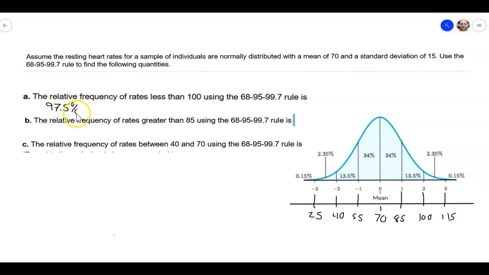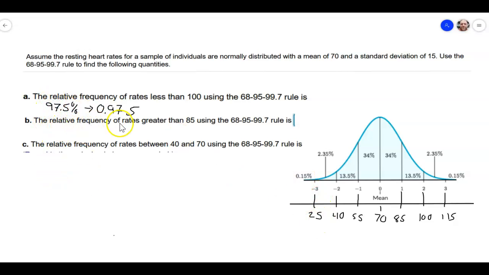But once again, they asked for it as a relative frequency, so I'll convert that to a decimal by moving the decimal place to the left. So the answer would be 0.975 for the first one. Or you could have just added up all of these percentages here, since it's asking for everything less than 100, and you would have gotten the same thing, 97.5.